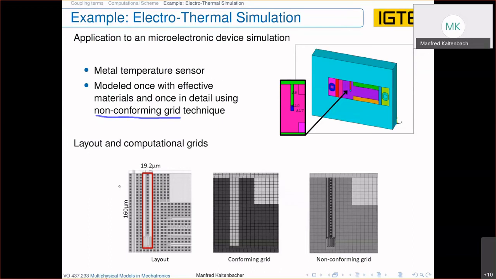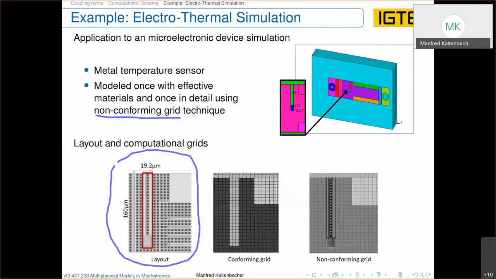What we have here is exactly the layout of just a zoom within our full device here. And in order to have a computational mesh which gives you in a reasonable time a solution, you can use homogenization and do not resolve the details of this temperature sensor.